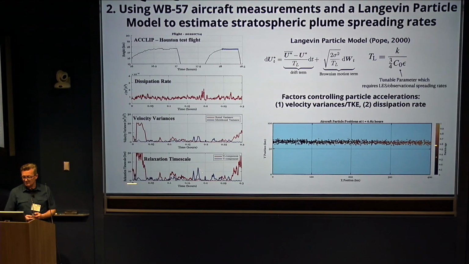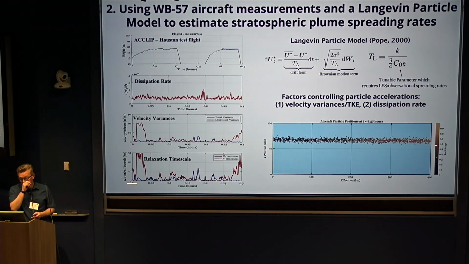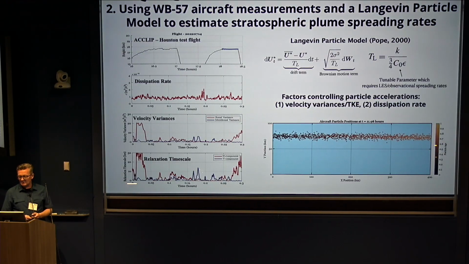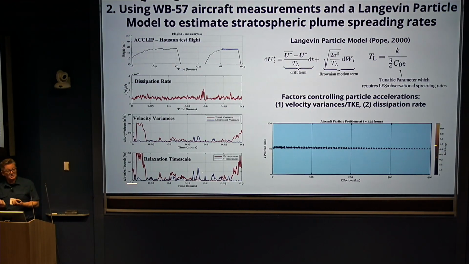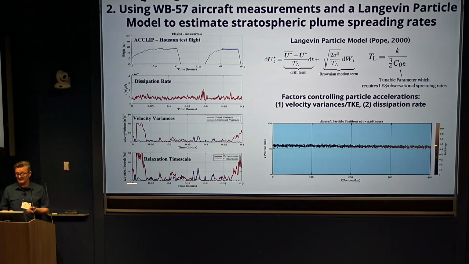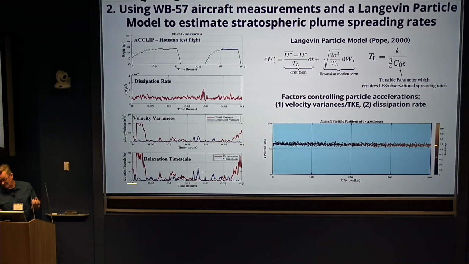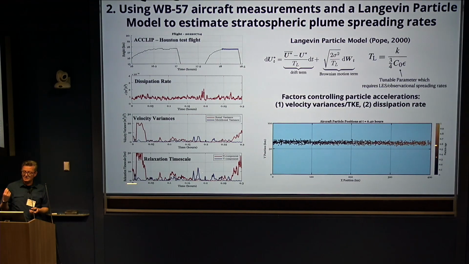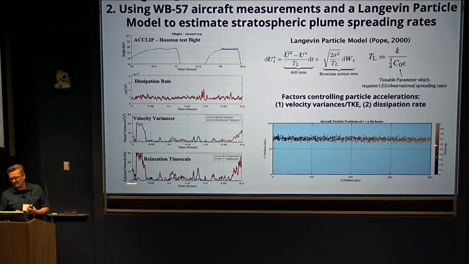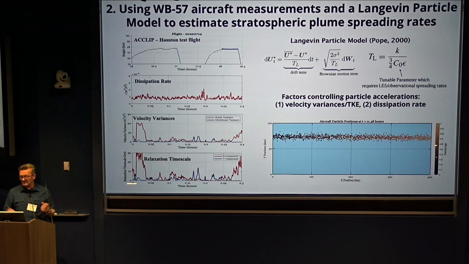We're just using the stratospheric part of that to learn the dissipation rate and the relaxation timescale that feature in this particle model. And then it's a stochastic model. It's basically introducing a super droplet, if you want, a super particle method. Each of those particles is representative of a whole host of particles. So you have these representative particles, and you can look at the spreading rates in this case, right?